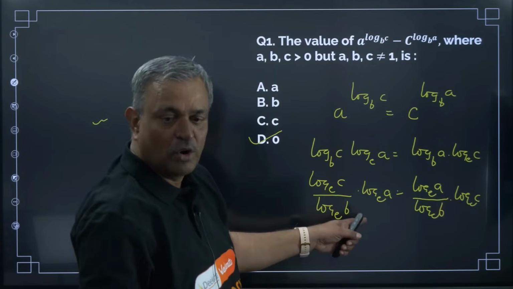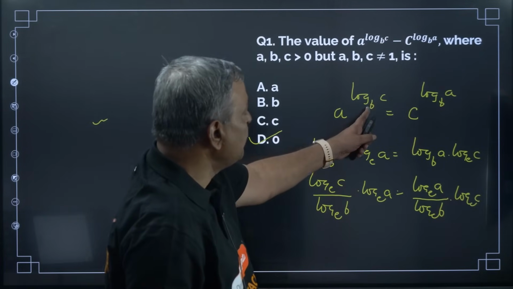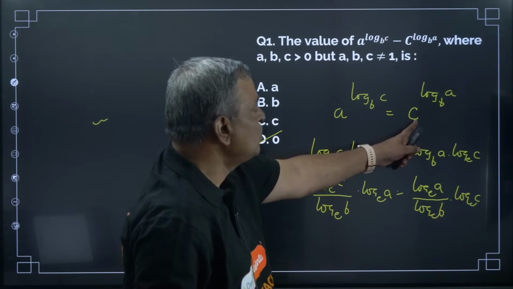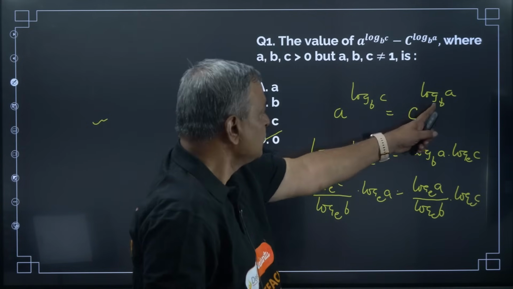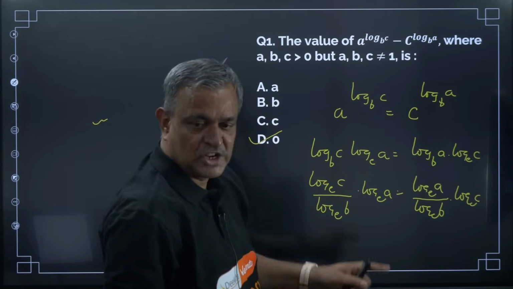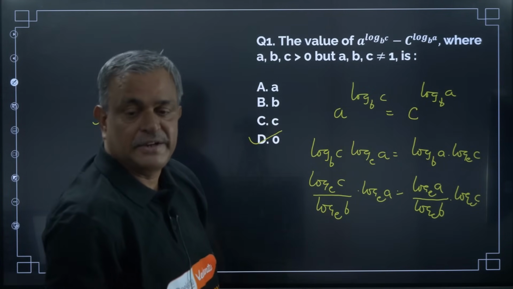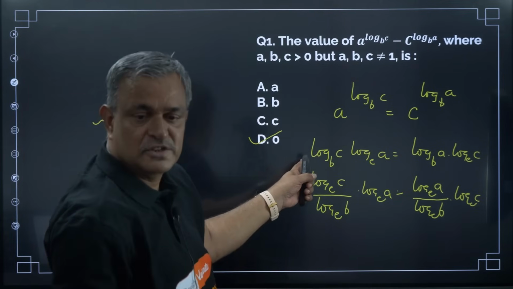So rather than doing all those things, a to the power log base e of C is equal to c to the power log base e of A. The base must be the same, interchanged. So please remember it. If you remember, the answer is hardly 0.